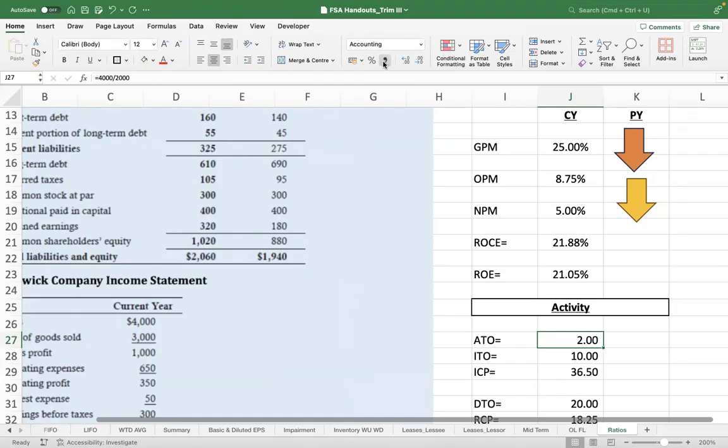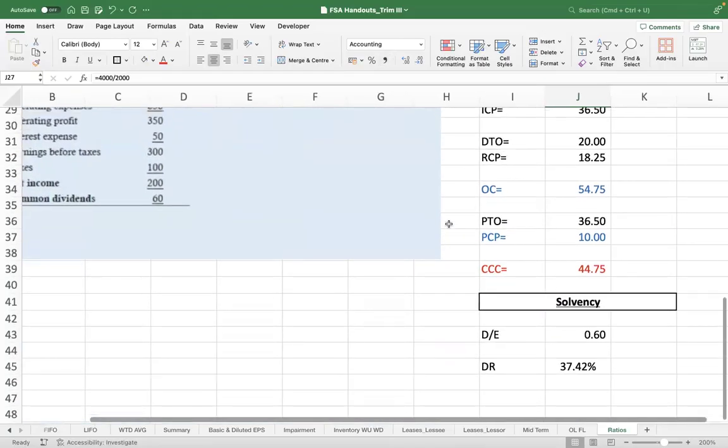So even if you are not doing good on your profit margins because you are not generating enough revenue, even then if your ATO is good, if your asset efficiency is high, you can still generate a good return on assets, which is what has happened in this organization, right? So that is something that I could interpret.